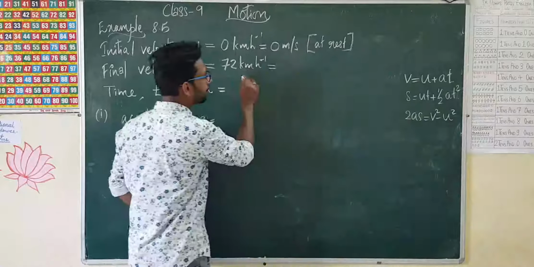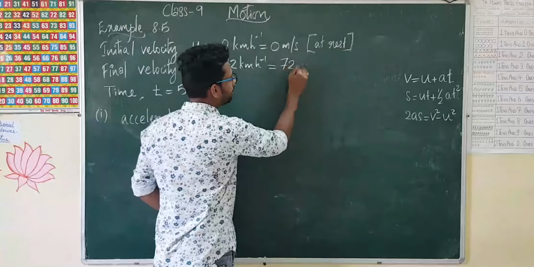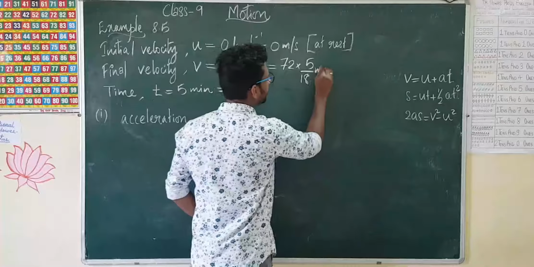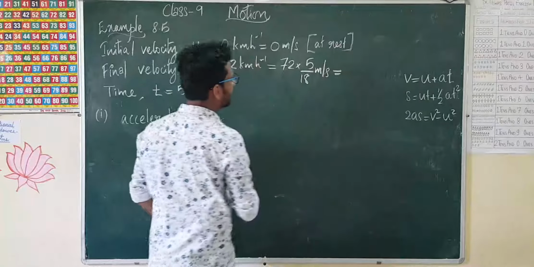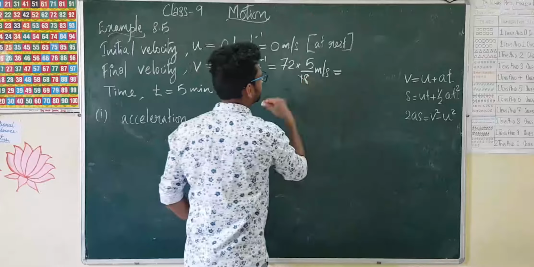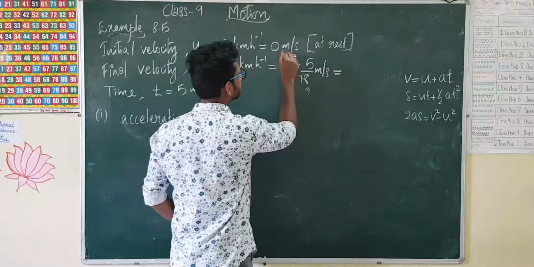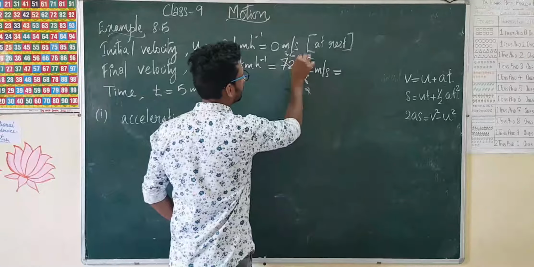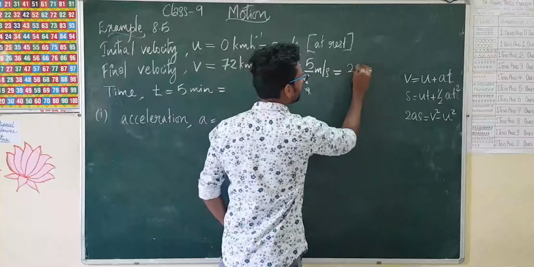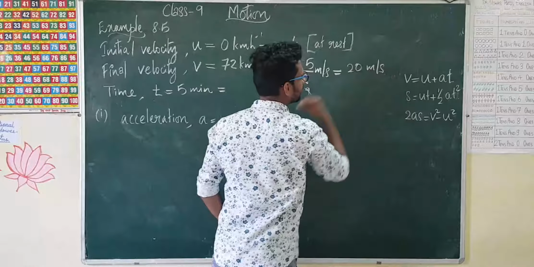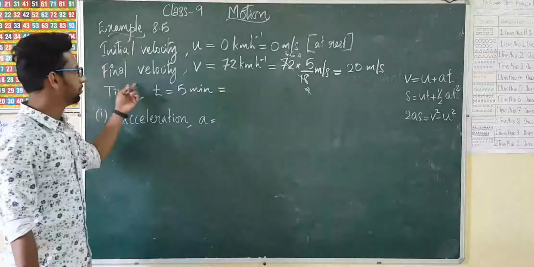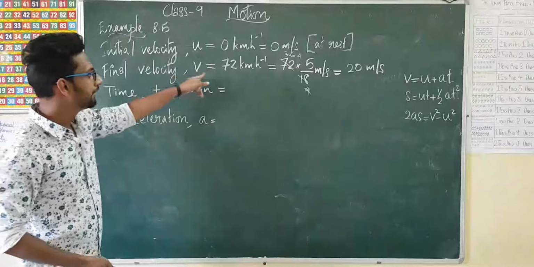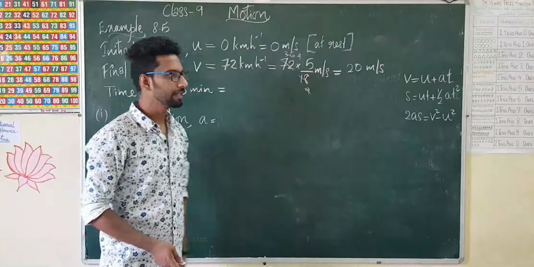So 72 km per hour equals 72 into 5 by 18 meter per second. Isn't it? So we can cut, and that's equal to 20 meter per second. So we got the final velocity, the attained velocity, represented by v, that's equal to 20 meter per second.